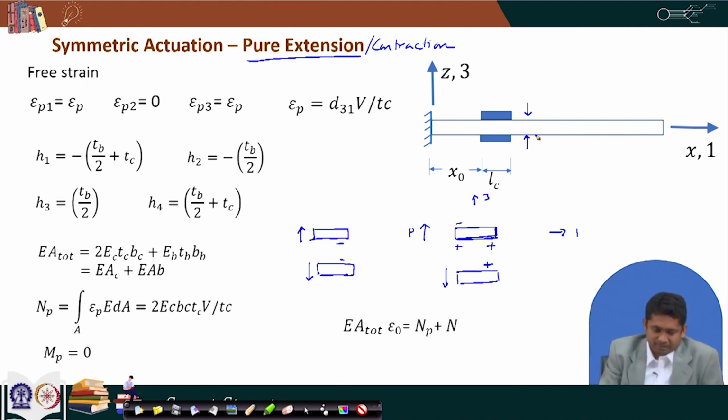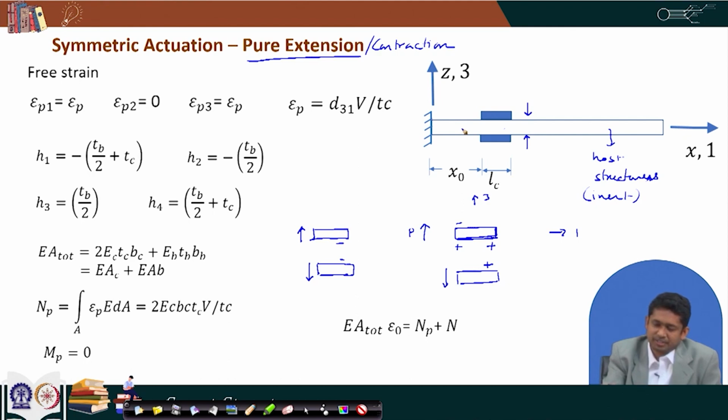So, when it is the case, the free strain here and the free strain here are going to be the same. So, epsilon P1, which is the free strain here, is epsilon P. This part is the beam, which is the inert part. So, we have a host, this beam, which we also call a host structure, because this is hosting the piezoelectric patches, and they are not active like piezoelectric material. So, they are inert, not active. So, it does not have any free strain.